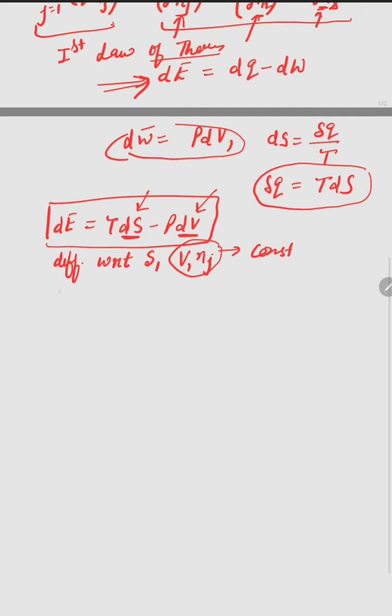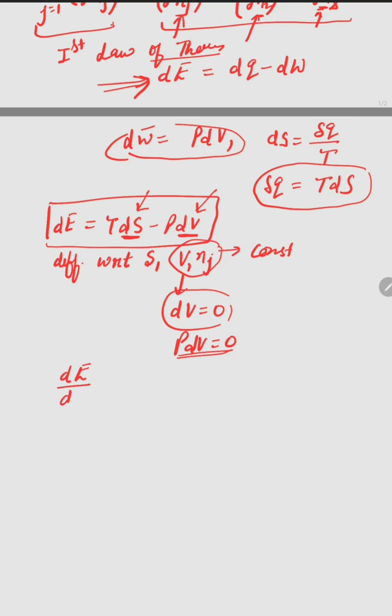So what will the first term be? When volume is kept constant, the change in volume becomes 0. So the second term, PdV, will vanish, PdV becomes 0. We are left only with dE.